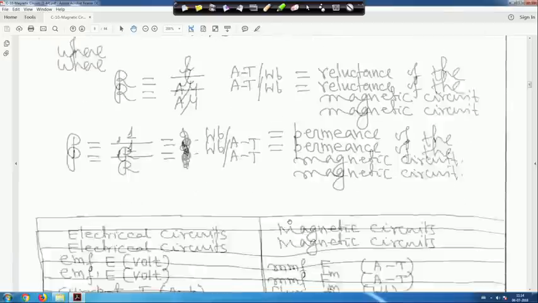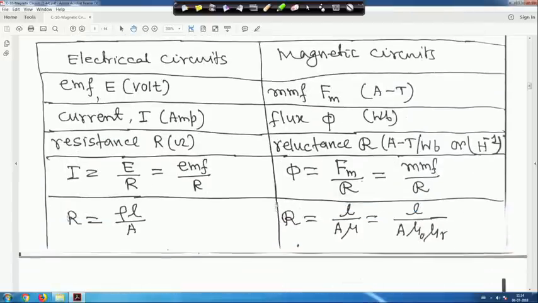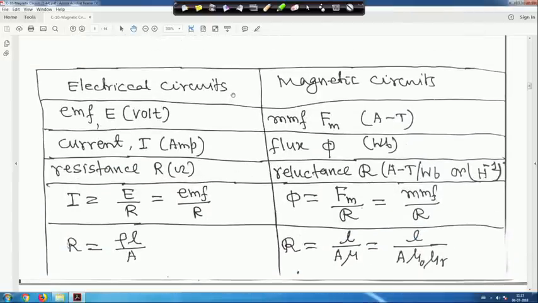If I put it in tabular form, the analogous quantities are: in an electrical circuit, EMF is E volt; in the magnetic circuit it is Fm. Current is I ampere; in the magnetic circuit it is the flux phi in Weber. Resistance R in ohm corresponds to reluctance R in ampere turns per Weber, and the reciprocal is 1 upon Henry.